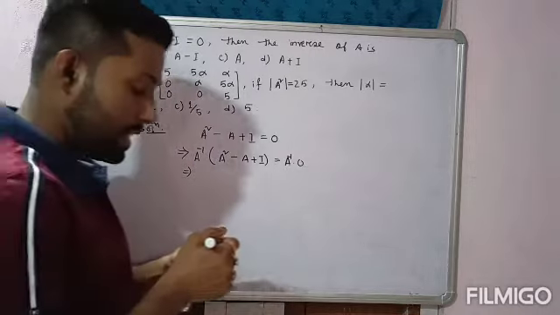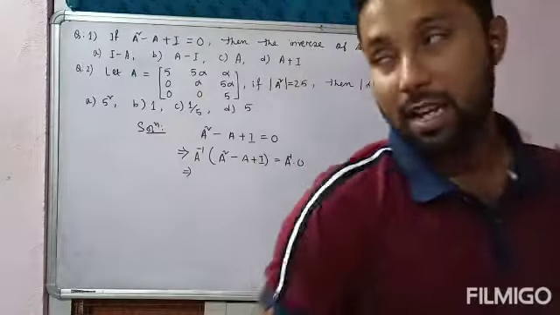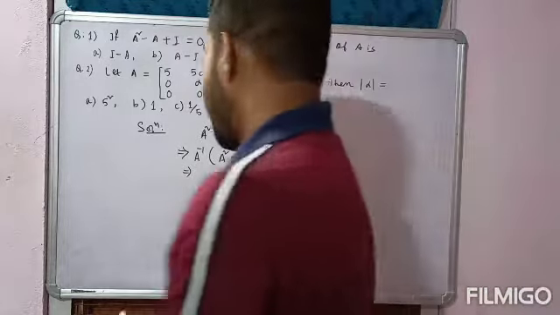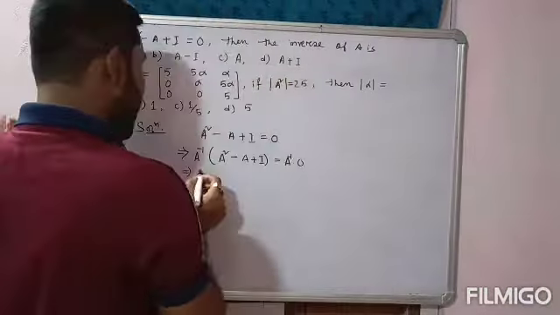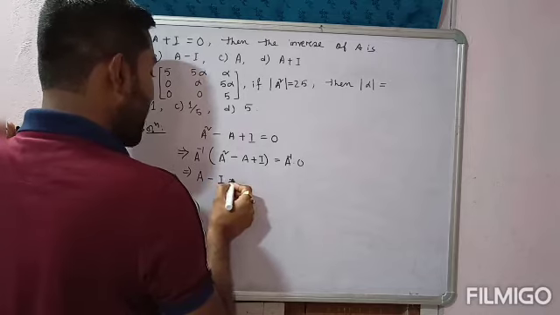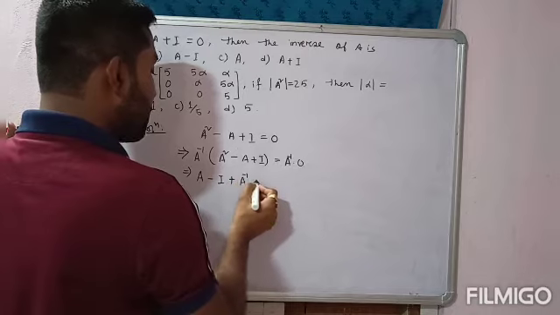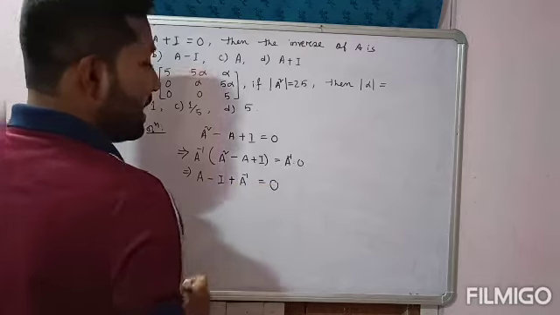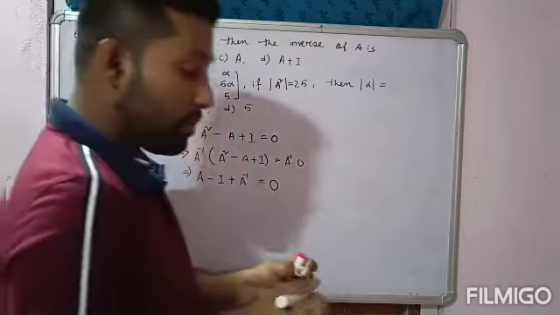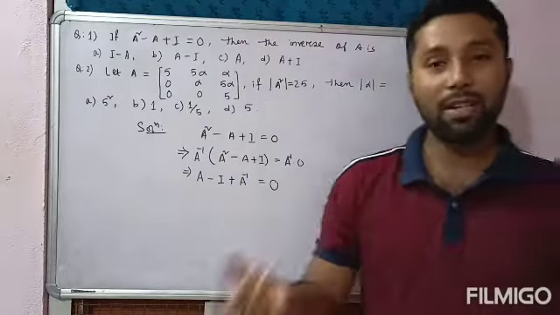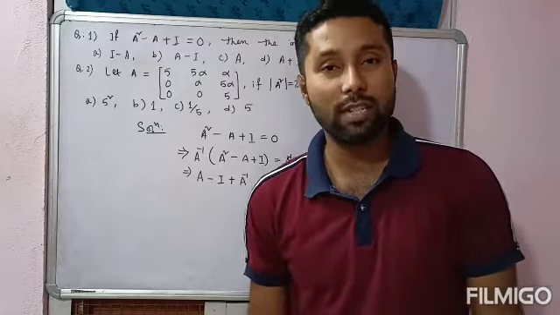A inverse into A square is A only, minus A inverse into A, which is always equal to identity matrix I, plus A inverse into I, which is A inverse only, equal to 0. It is equal to 0 because on the right hand side 0 is there. If you multiply any number or any matrix with 0, it will always be 0 only.